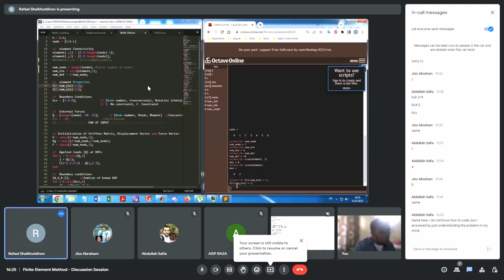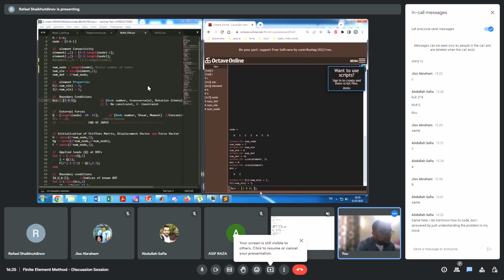Okay, now coming to the boundary conditions. If you see line number 24, boundary conditions, here it says 100. In the comment it's written node number, transverse and rotation.